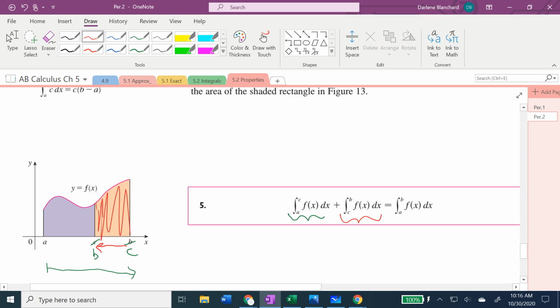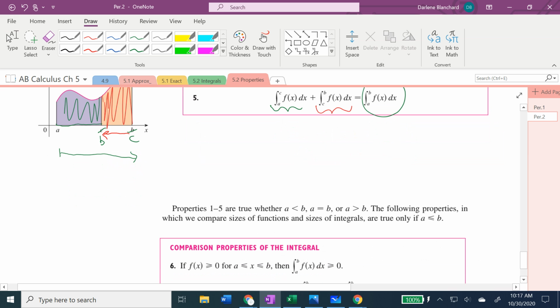So essentially, I'm subtracting that to wind back at the area that I got between a and b. And you can do this for any rearrangement of a, b, and c, but I don't think we want to spend our time looking at all the different ways that they can arrange and that it works, but it's fun to take a look at. So this is a very important rule.